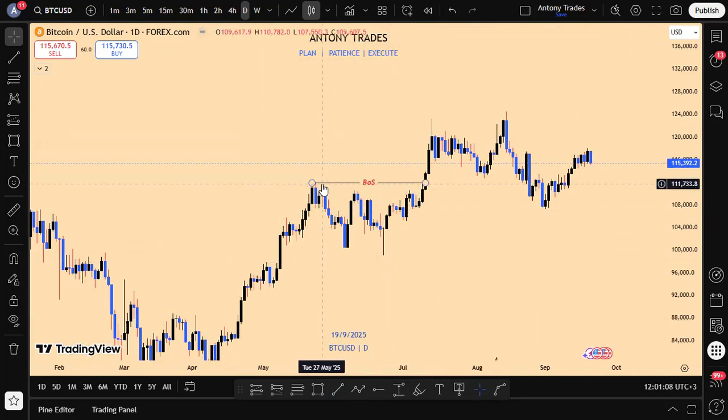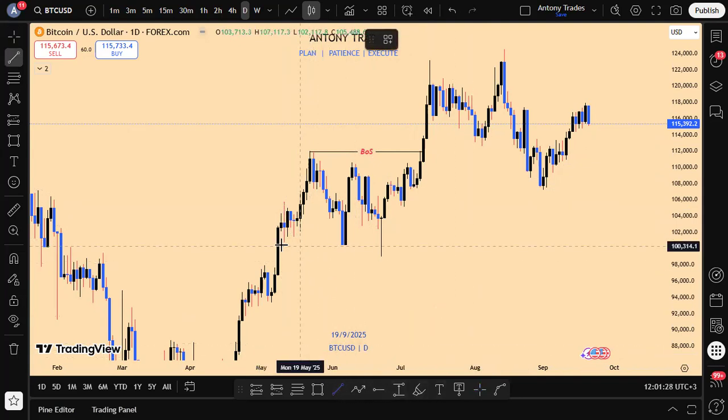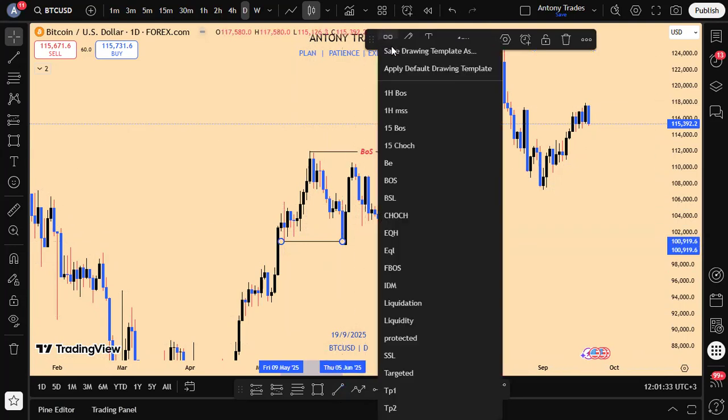Now let me ask, do you think this break of structure is a valid one or a fake break of structure? If you have said this break of structure is valid, then you are correct. Why? One way of validating this break of structure, we said we must see a sweep of liquidity. And if we look down here, you can see that we have a sweep of liquidity.